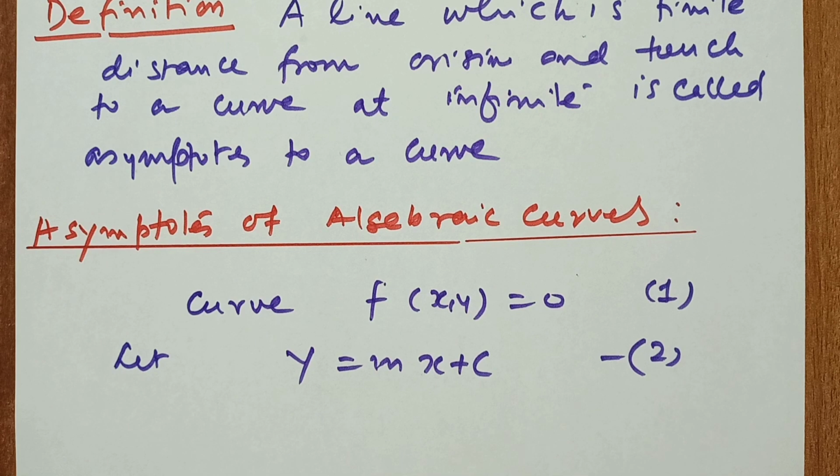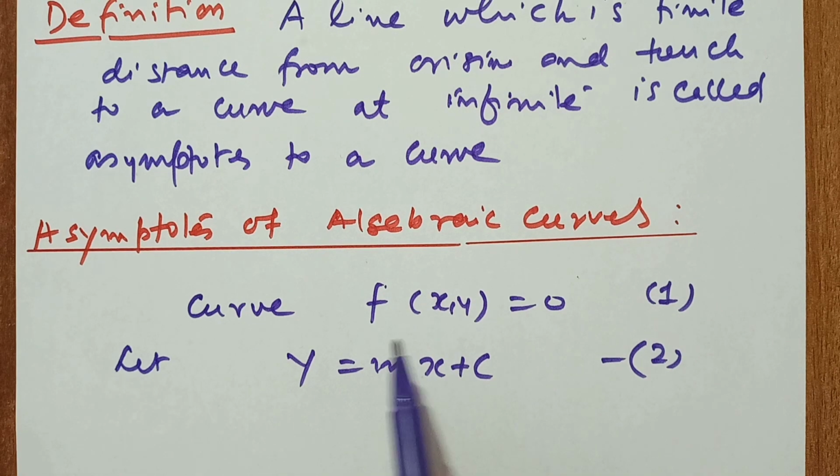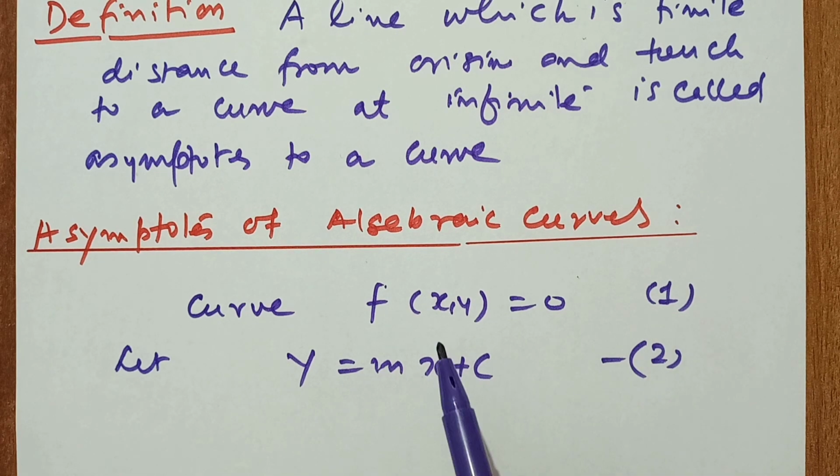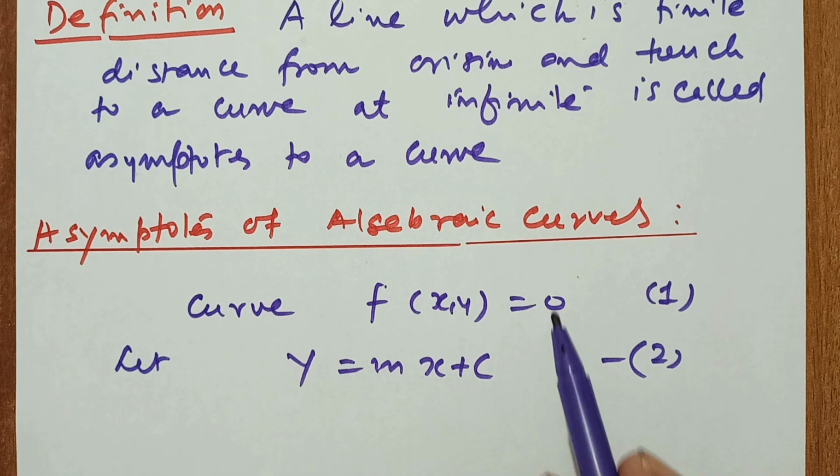Okay, asymptotes of algebraic curves. It means how we calculate asymptotes for any curve. So what is the process? Let us suppose this is a curve f(x,y) is equal to 0. Okay, let us suppose y is equal to mx plus c is an asymptote of 1.